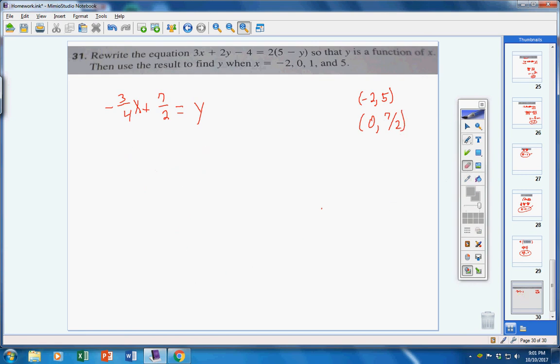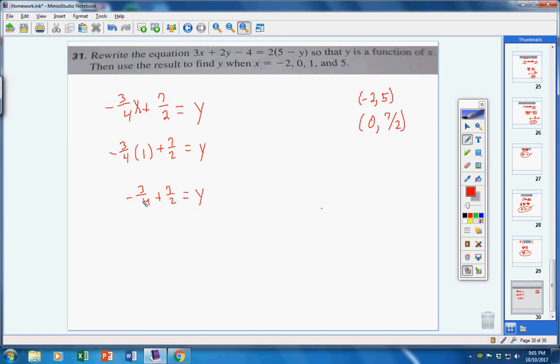Okay, next we're going to substitute 1 in for x. -3/4 times 1 plus 7 halves equals y. -3/4 plus 7 halves equals y.